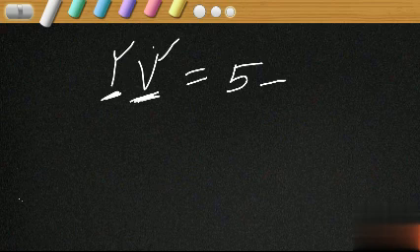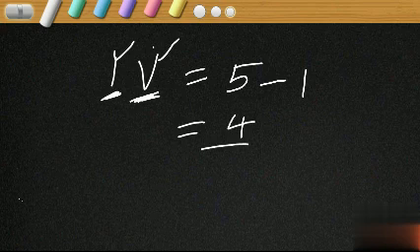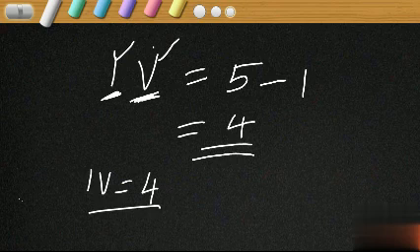The greater numeral here is 5, and we have to subtract 1 from 5. That is equal to 4. That is why we write this symbol for 4.